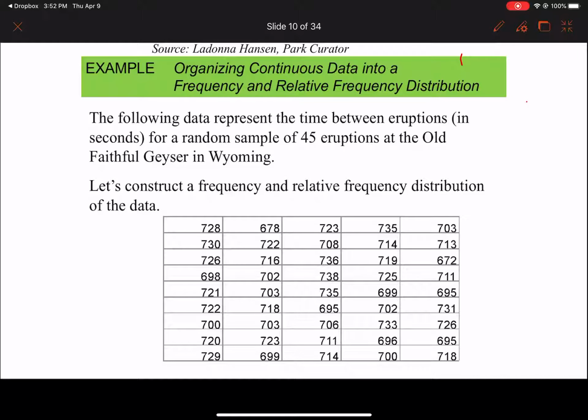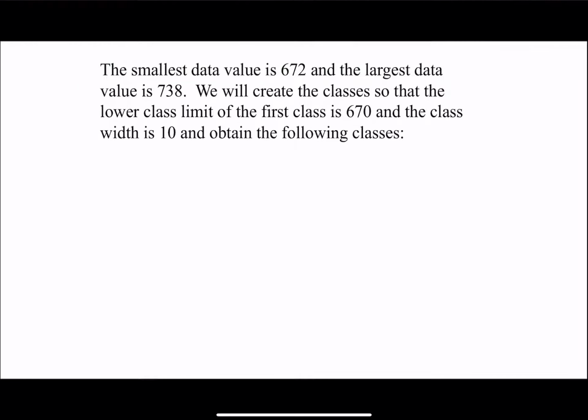So the first thing I'm going to do is determine how many classes I need and the width of each class. So my smallest data was 672. I want to get a nice pretty number for the bottom of my smallest class, so I'm going to make that 670, because that's a nice pretty number right below 672.